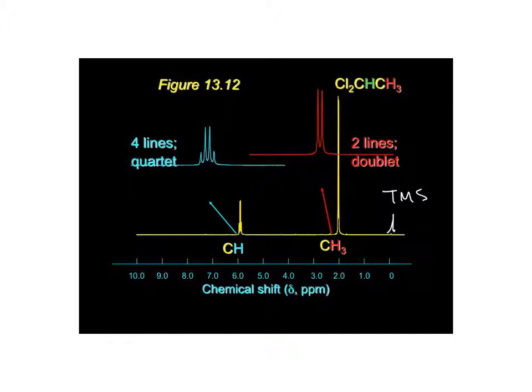But then if you look at this methyl group, it's called a doublet because it's considered one peak or one signal, I should say, but it's been split into 2. Then if you look at the CH, it's been split into 4, a quartet.